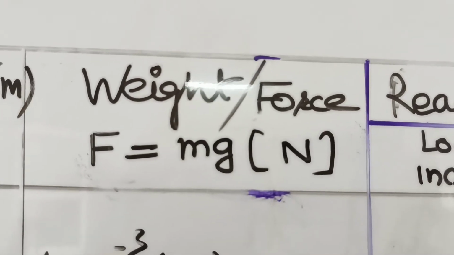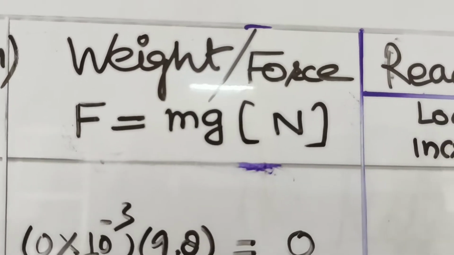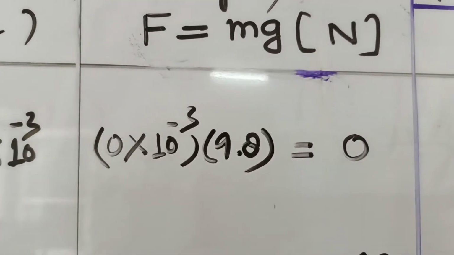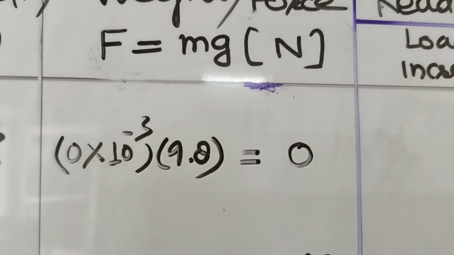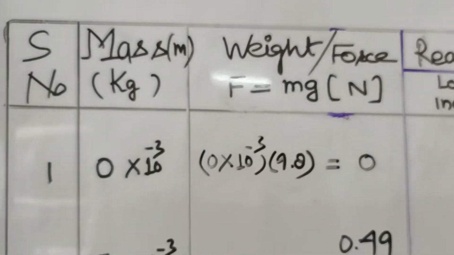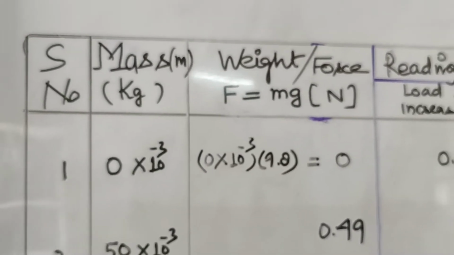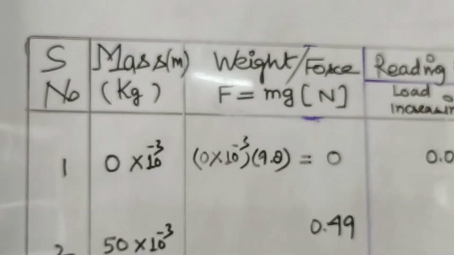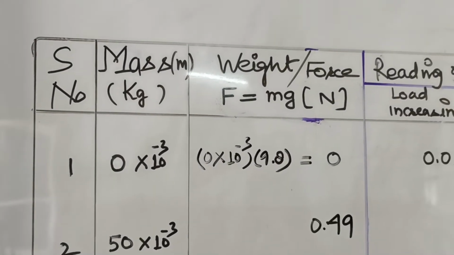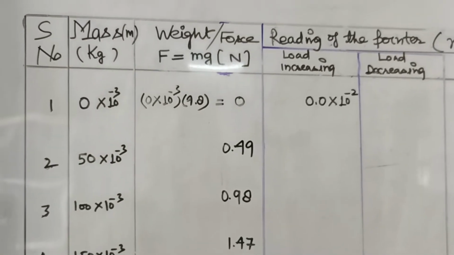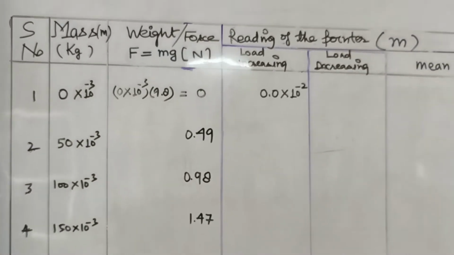Weight is obtained by multiplying the value in kg by 9.8, so weight is in Newton, because we are advised to use SI units in all calculations and final conclusions. So we are starting the work in SI units itself.